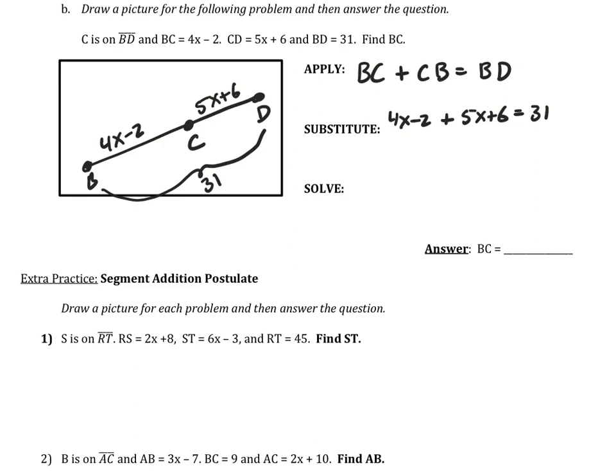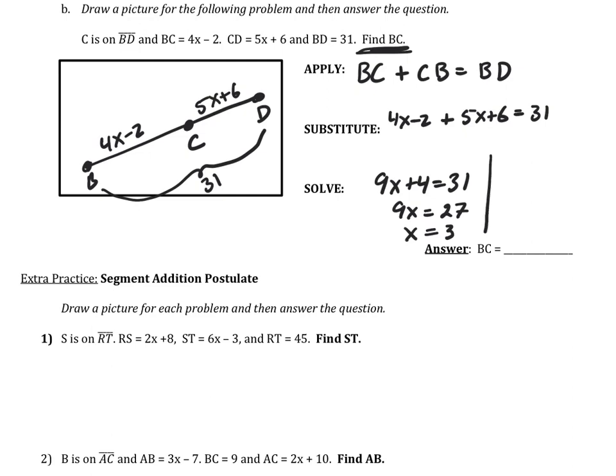We're going to combine like terms, and we're going to get 9x plus 4 equals 31. Subtract 4 from both sides, we get 9x equals 27, which gives us x equals 3 when we divide both sides by 9. But this has asked us to find BC, the length of BC, so we're not done yet. We need to substitute in.